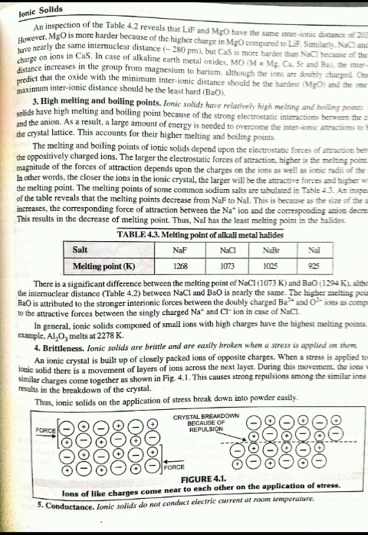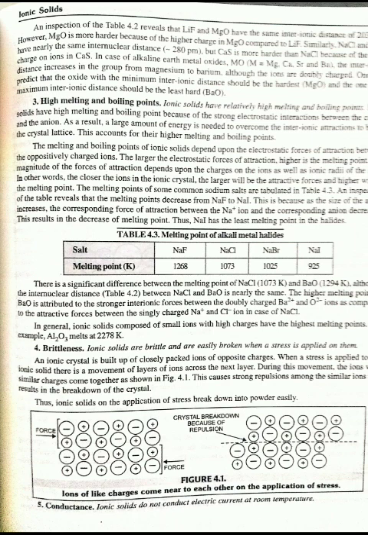The higher melting point of BaO is attributed to the stronger interionic forces between the doubly charged Ba2+ and O2- ions as compared to the attractive forces between the singly charged Na+ and Cl- ions in NaCl. In general, ionic solids composed of small ions with high charges have the highest melting points. For example, Al2O3 melts at 2278 Kelvin.